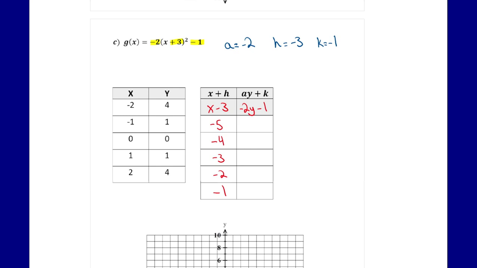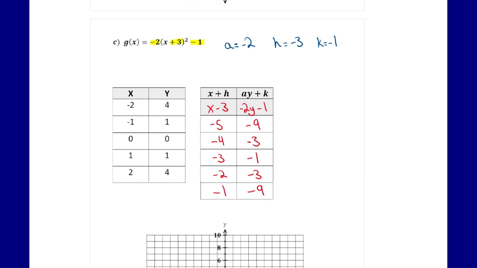So for 4, -2 times 4 is -8, minus 1 is -9. 1 times -2 is -2, minus 1 is -3. 0 times -2 is 0, minus 1 is -1, and then we repeat our values on the other side.